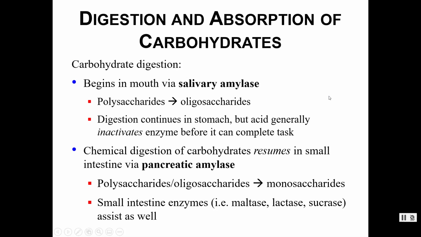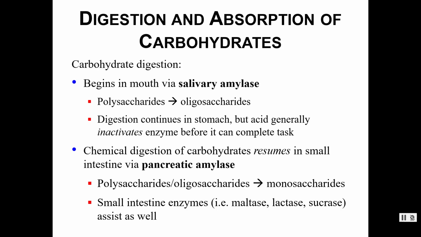Okay, so we briefly talked about lipids having to use the micelles to really get absorbed into the lacteals, but we'll get into a little bit more detail about some of the other types of foods that we consume as well. So for example, carbohydrates. We mentioned way back when we talked about the mouth that carbohydrate digestion starts there with the salivary amylase.